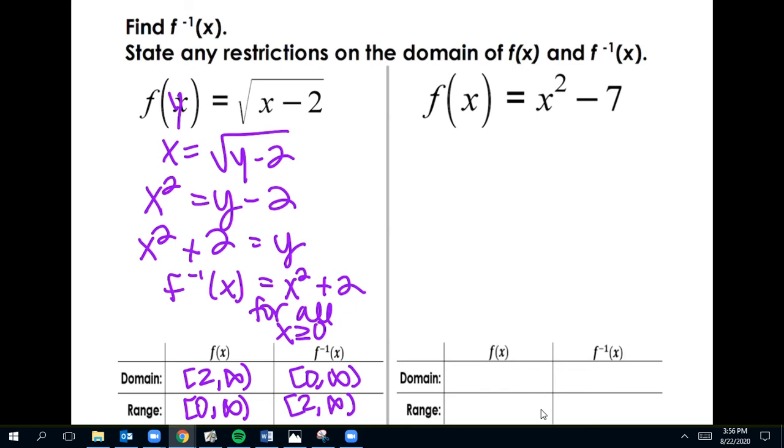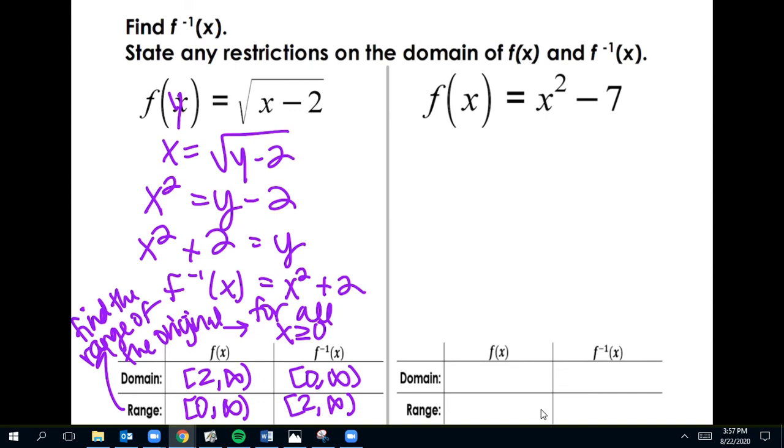What you want to do is just always find the range of the original to help you decide what to do for that statement. You don't always need that statement if it matches. Okay, let's do the next one.